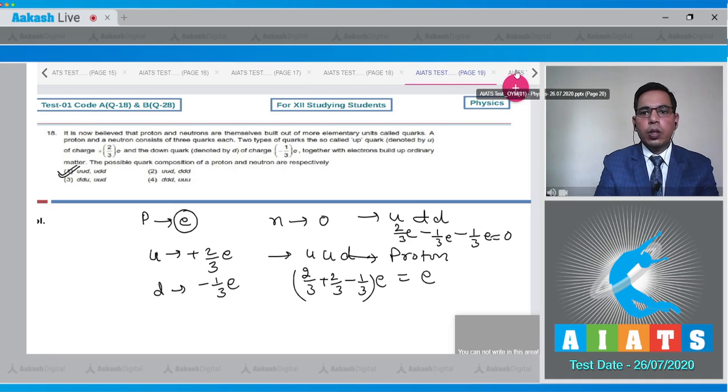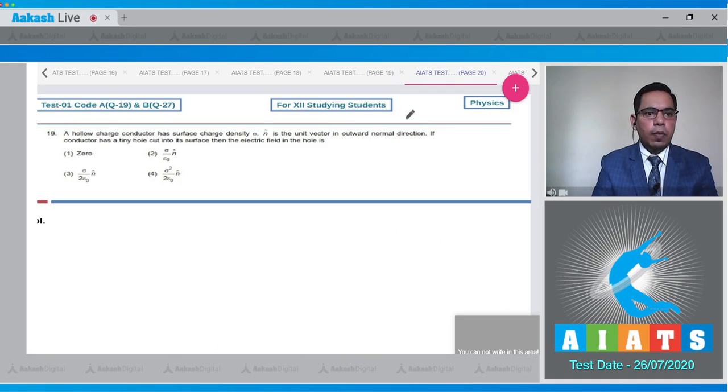Now move to question number 19, which states that a hollow charged conductor has a surface charge density sigma. n cap is the unit vector in the outward normal direction. If the conductor has a tiny hole cut into the surface, then the electric field in the hole is. Now dear student, just consider the situation that this is the sphere and inside that there is a cutting hole.